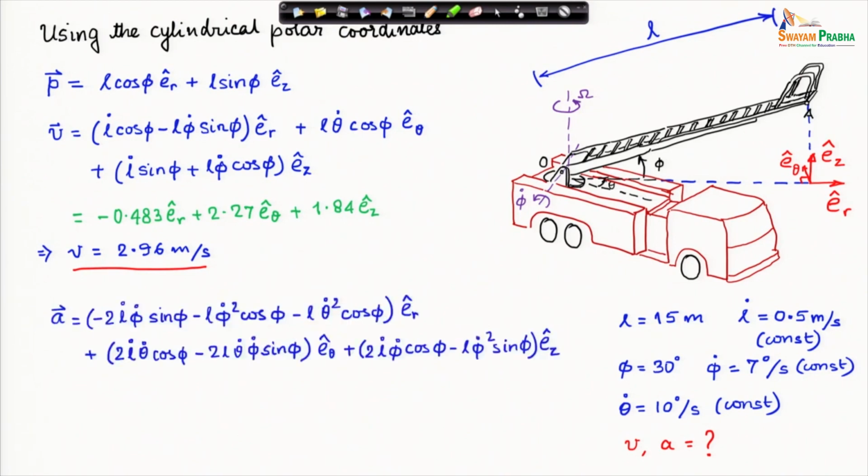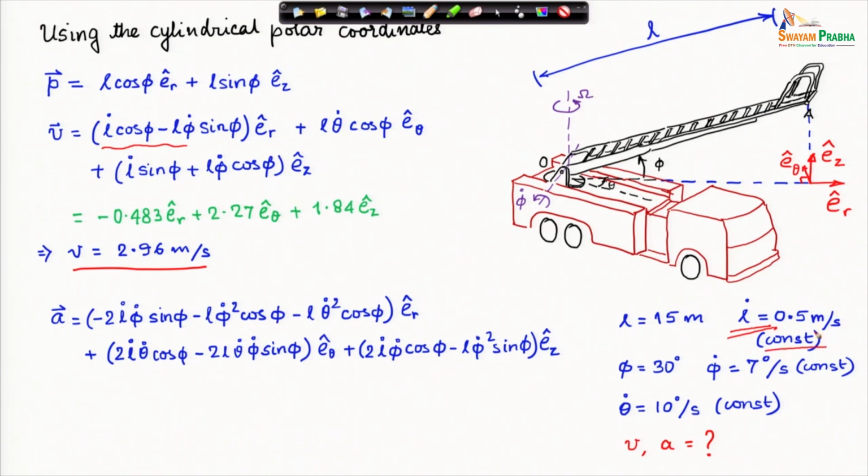Now, for the acceleration, I differentiate the velocity once again. Let us look at a few terms. I start differentiating L dot cos phi. When I differentiate, I get L double dot, but L double dot is 0. You remember L dot is constant.